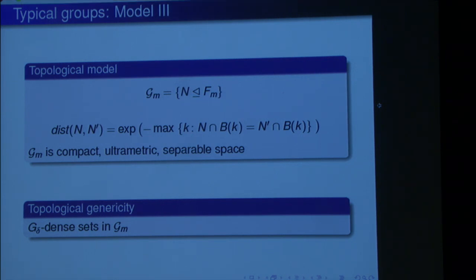Could you explain intuitively why it's max k and not min k in the definition of distance? Well, min would be 0, right? Consider it as Cayley graphs. You have one Cayley graph, another Cayley graph.